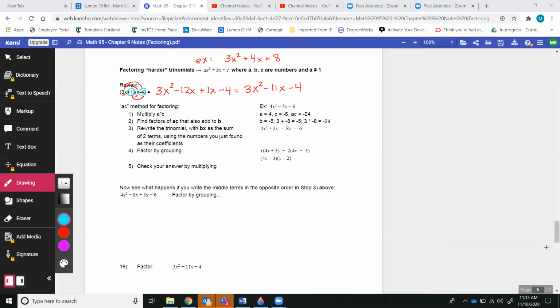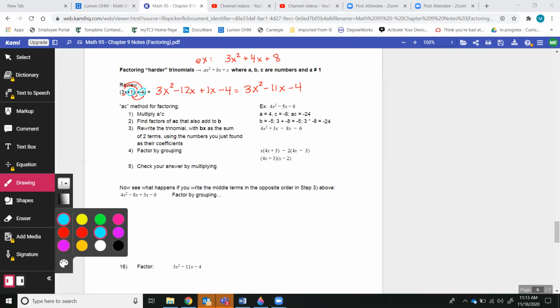We can work with trial and error, meaning we make educated guesses. We don't just guess totally random numbers, but we make educated guesses about what numbers would help us. Or we can use what we call the AC method, which is a series of steps that's going to get us to the right answer without having to guess.